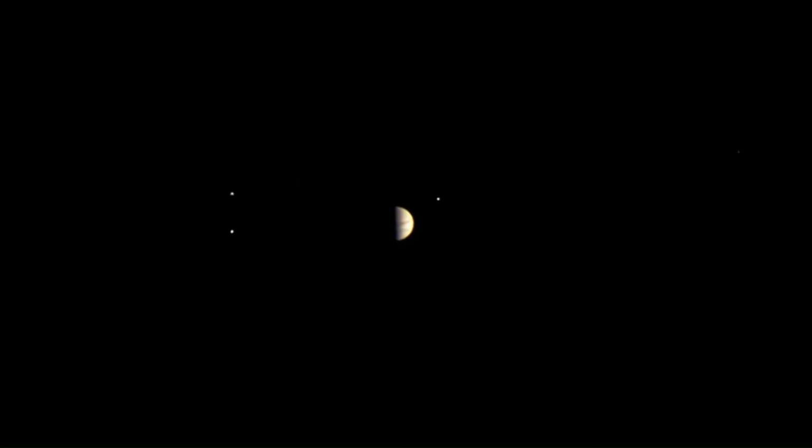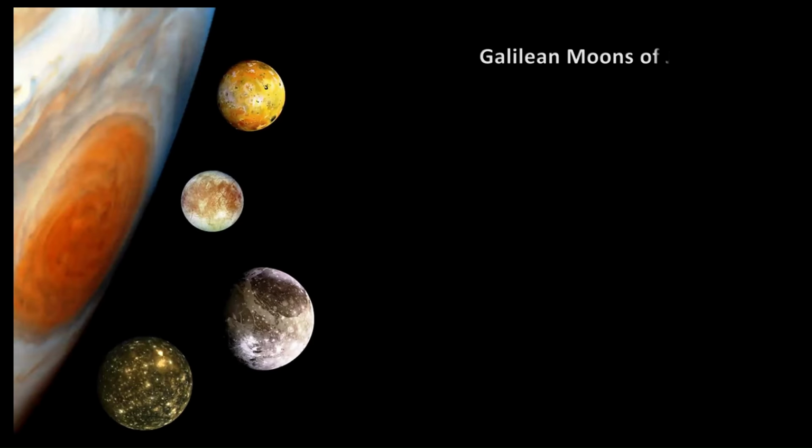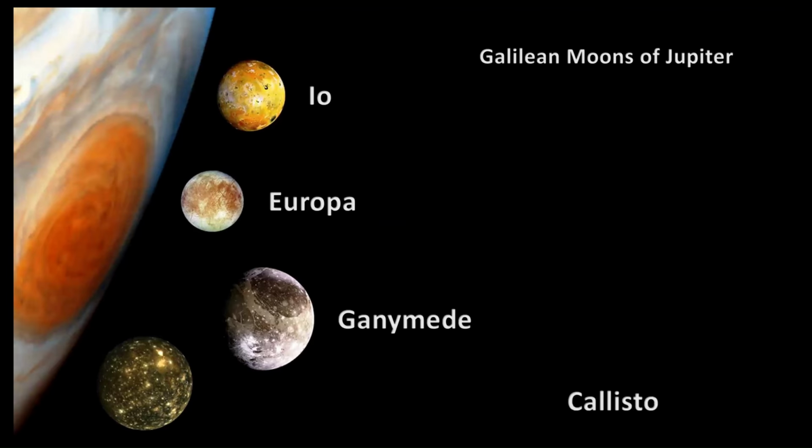But here you can see the 4 moons of Jupiter, called the Galilean moons of Jupiter, and sometimes they vanish in Jupiter's equator because they formed around Jupiter, so they are right in Jupiter's equatorial plane. So they often pass in the shadow, which you really can't observe from Earth, but this is a remarkable sight.